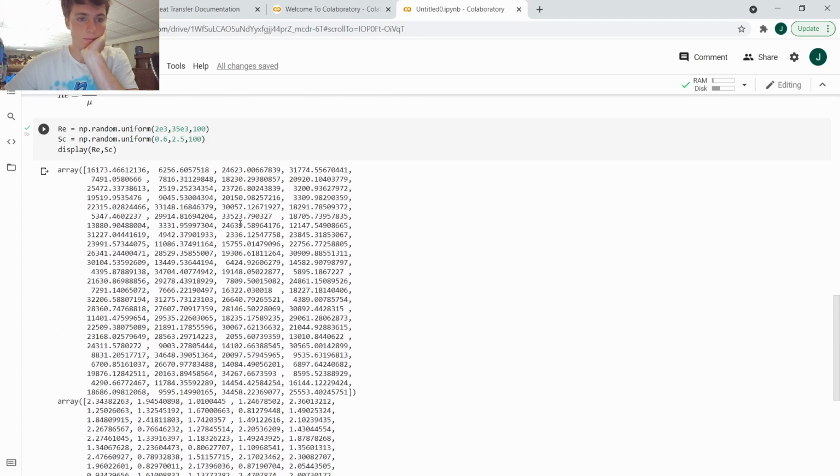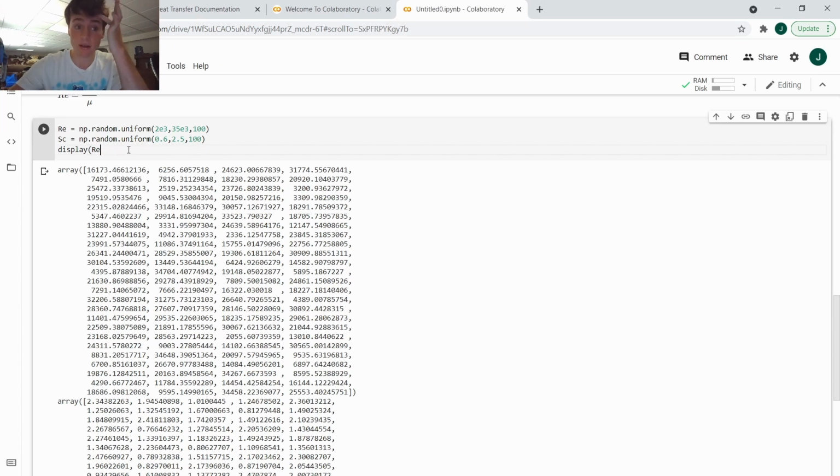So if we were running this experiment, these would be the Reynolds and Schmidt numbers that we used, and then we would measure the Sherwood number. But since we're not actually going to be performing the experiment, we're going to use the relationship that Sherwood and Gilliland came up with to get a list of Sherwood numbers. And then we are going to introduce some experimental error by using a normal distribution.